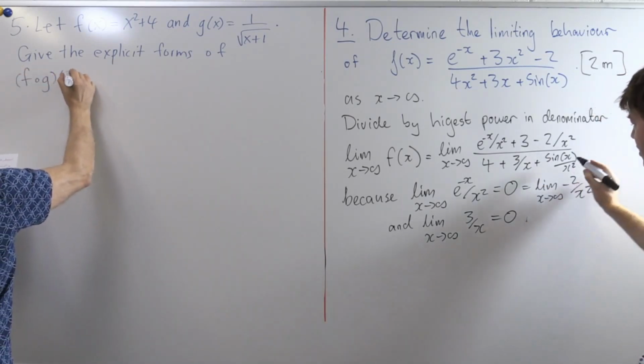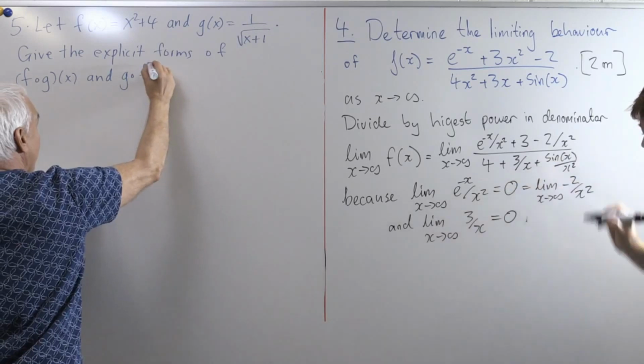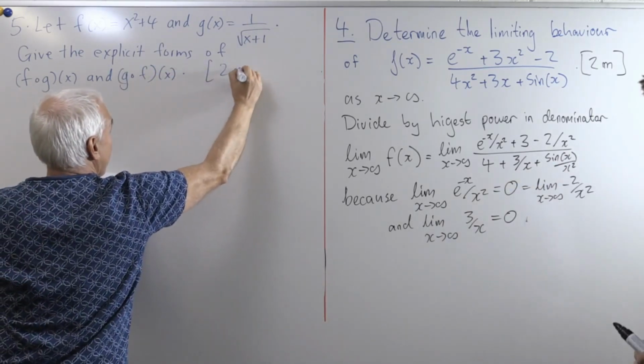That's appropriate. This one I have to work a little bit harder for, to get the limit of sine x on x squared equal to 0. For that I'll need to break out a theorem.